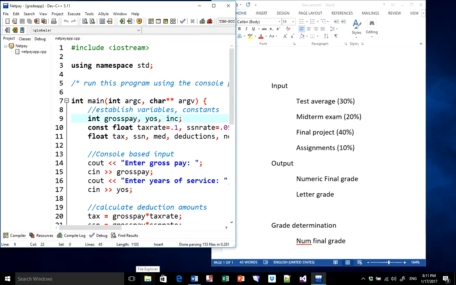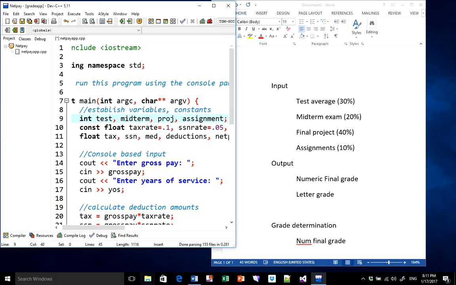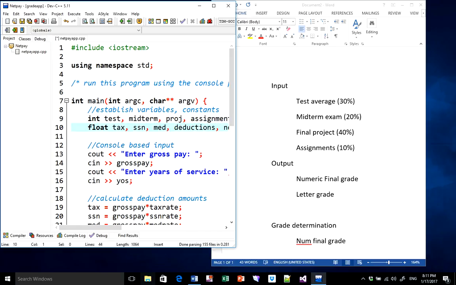So we're going to say input test, midterm, final, or I'm going to call it project, and assignment. We're not going to worry about the weighted average for grading. We're just going to use those numbers, the decimals, so we don't need this.